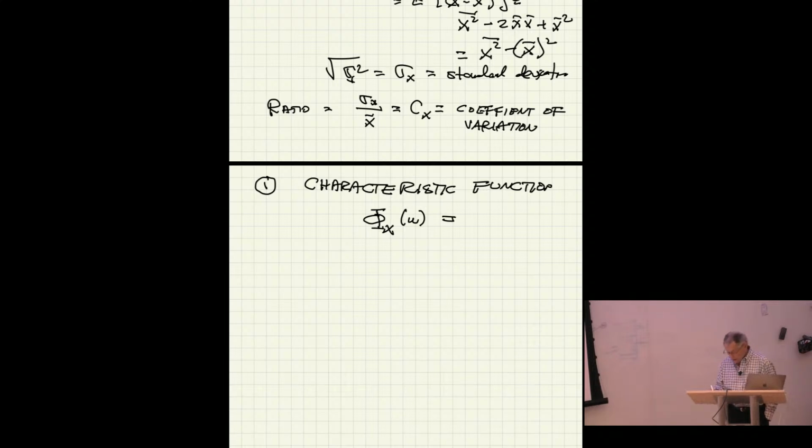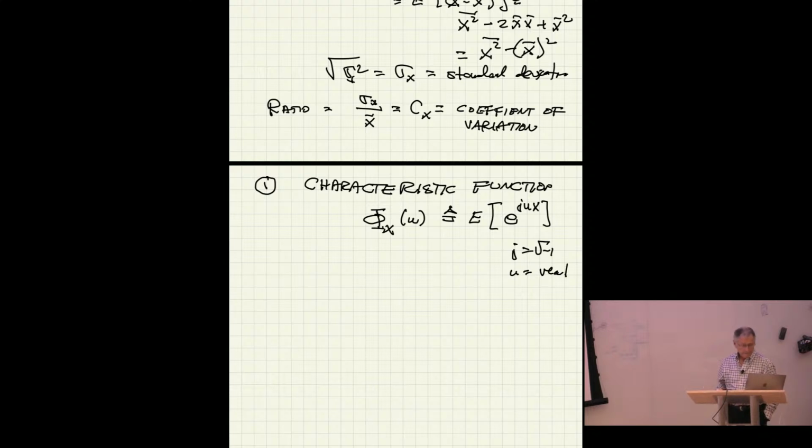And its definition is it's simply the expectation of a function of x, namely e to the j u x, where j is the square root of minus 1. We don't use i, we use j for the square root of minus 1 in engineering. Anybody know why? Yes. I is for current. So Ohm shows that first. So we use j. And u, basically, is a real quantity.